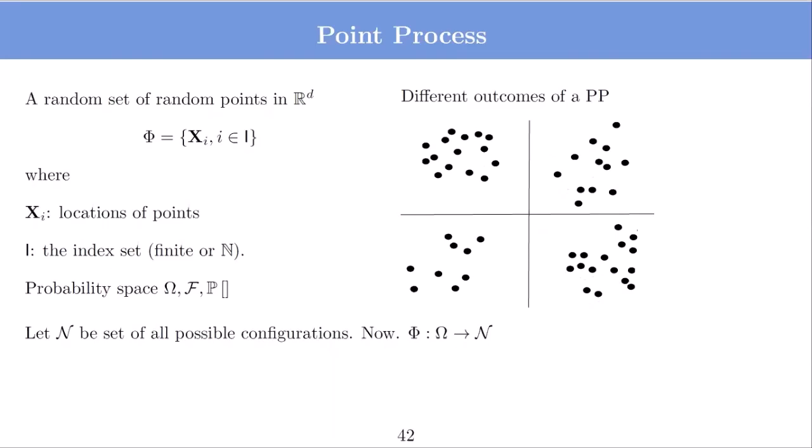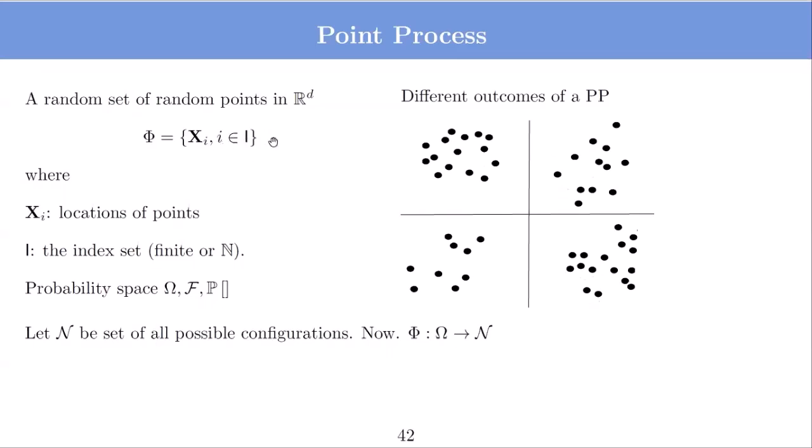In short, it is a random set of random points in a d-dimensional space. So if I denote it using this capital Phi, this is nothing but a set of some points x_i, and this I is some index set, right? For example, I can be a natural number set, so I would be 1, 2, 3, 4 like this.